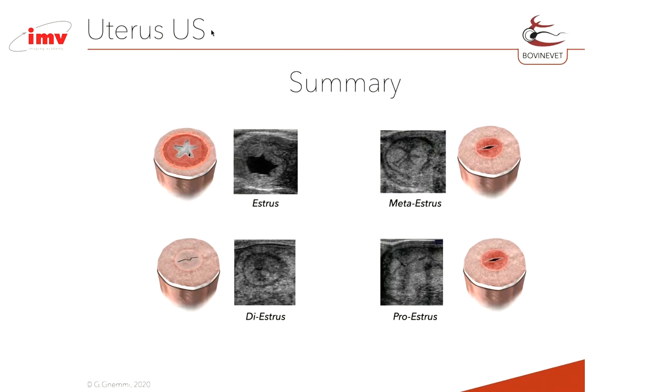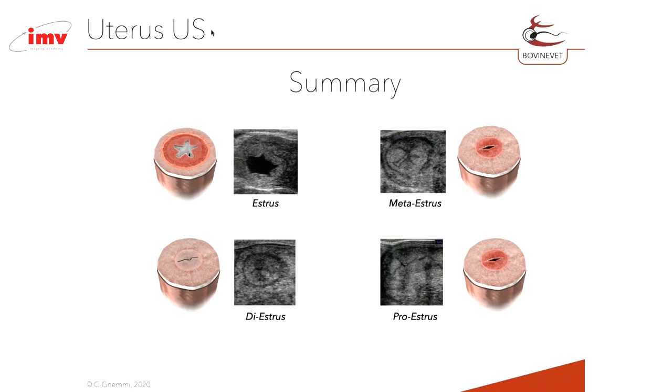Well, during the estrus and every time that we have a higher level of estrogens, so during the follicular phase, proestrus and estrus, the estrogen improves the contraction of the myometrium and improves the echodensity, so it becomes more reflective of the ultrasound waves and will appear echogenic, white on the screen.